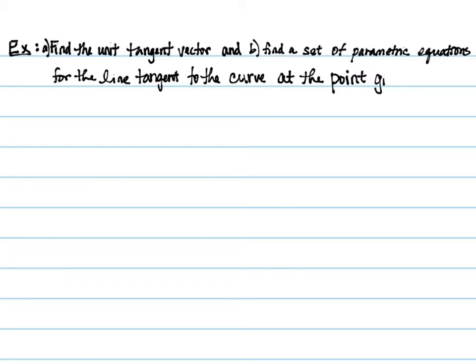I don't want to use the word given. I'm trying to describe how to do this. My word's better. The point for the given t value. We'll say it that way.